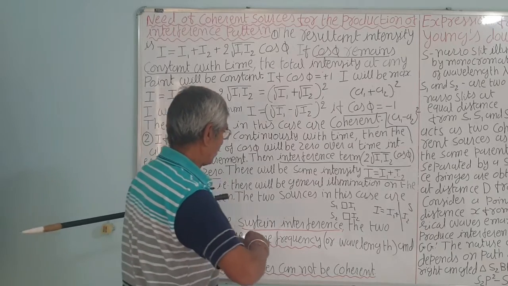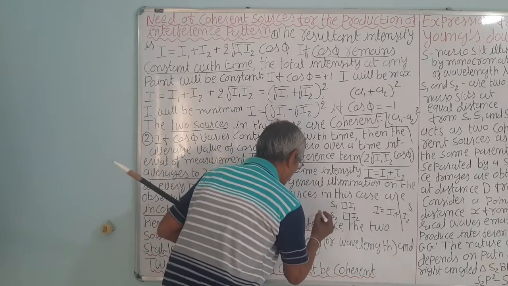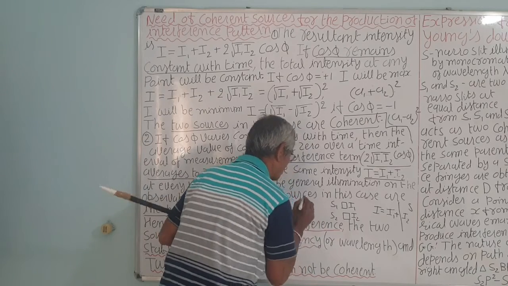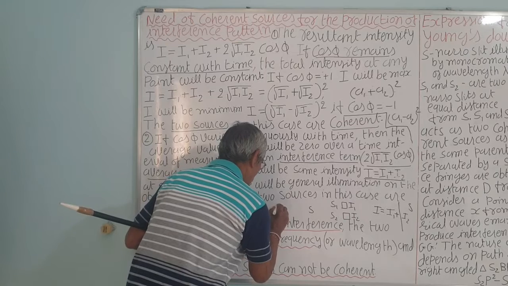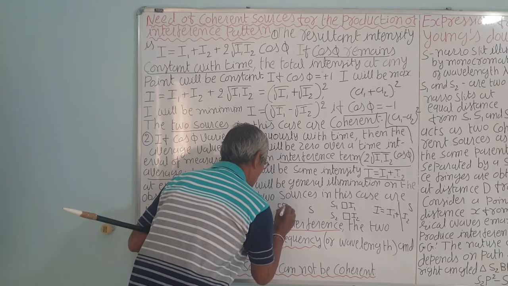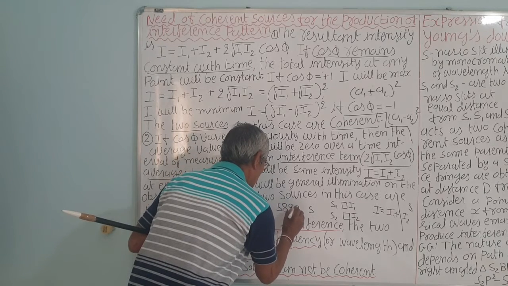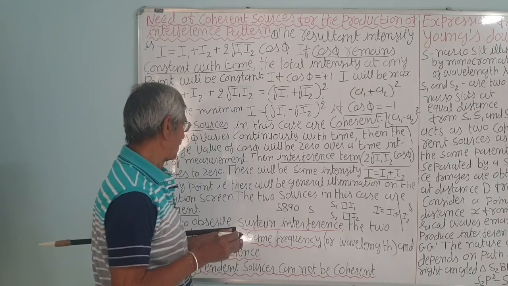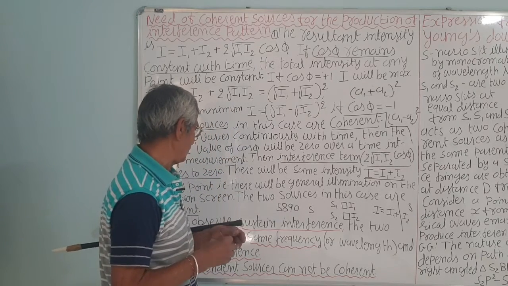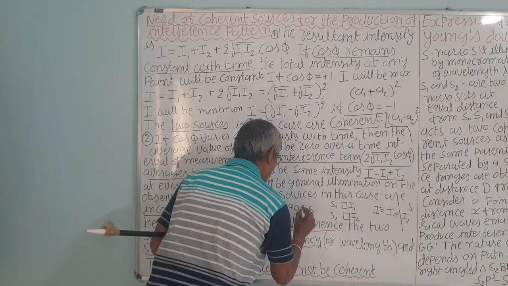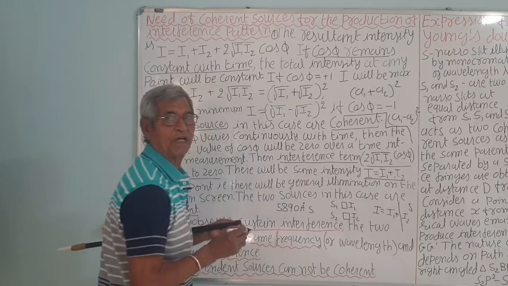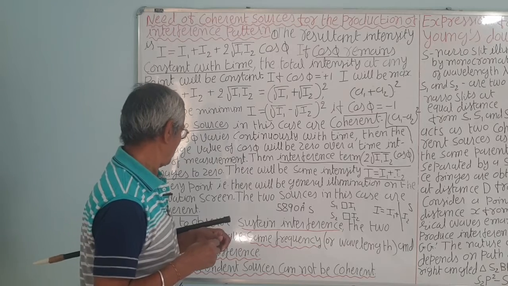If instead of one source, we obtain S1 and S2 from one single source S, say S is a sodium lamp having wavelength 5890, we will see in the example. It has two wavelengths, but for practical purposes we can consider it almost as one, 5890 Angstrom units or 589 nanometer, you can say.